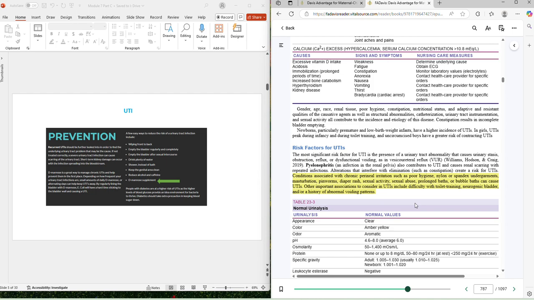So there's lots of things to do to prevent UTIs, okay? So I have a little clip over here, and it just tells you things that we can do, all right? Wiping front to back, of course, that's a huge one.